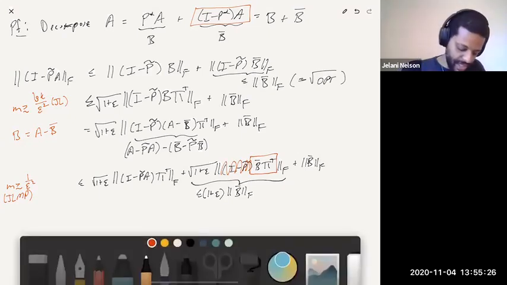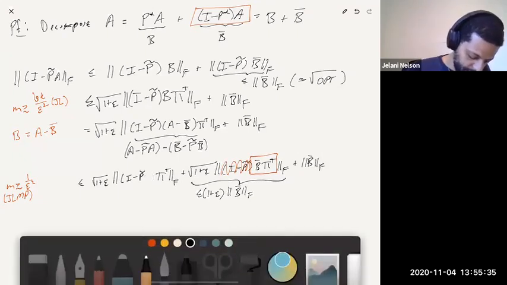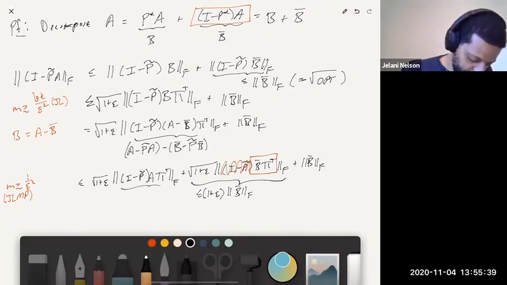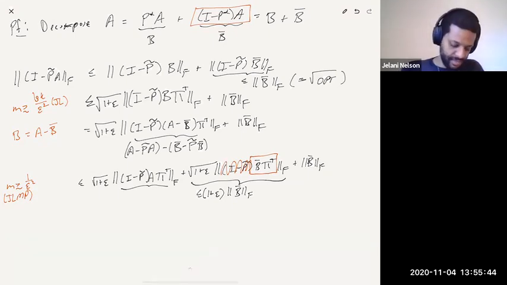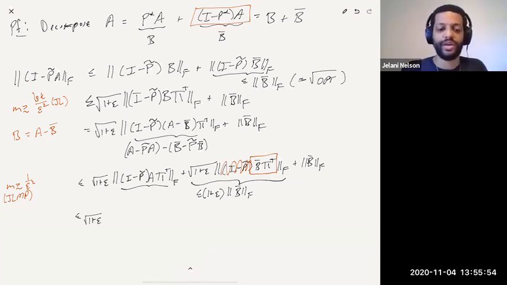And then here I want to say that P tilde is a gamma approximation to the opt. So this is at most root 1 plus epsilon. And remember that the cost is the Frobenius norm squared, but this is not squared, this is the Frobenius norm, so it's root gamma.